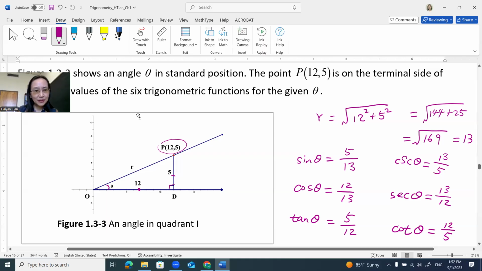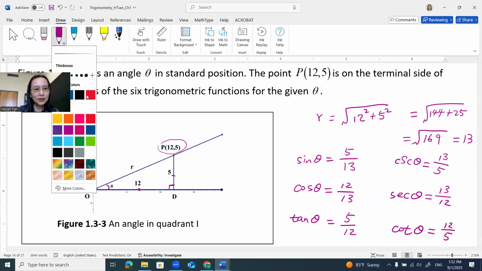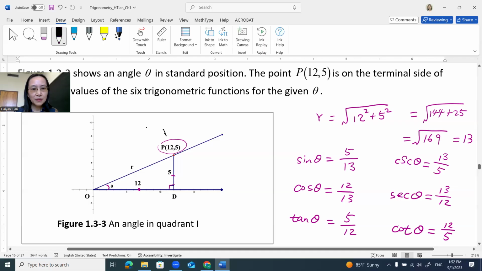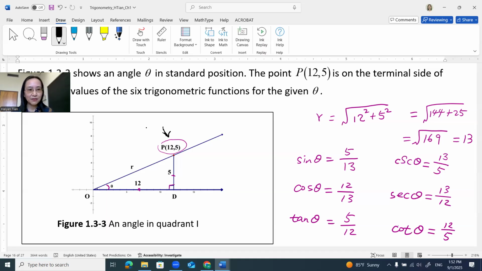So for this particular theta, we used this one point, P, on the terminal side of theta, and we found all 6 trigonometric function values. And a quick observation: you can see that sine is y over r, cosecant is r over y, they're reciprocal.